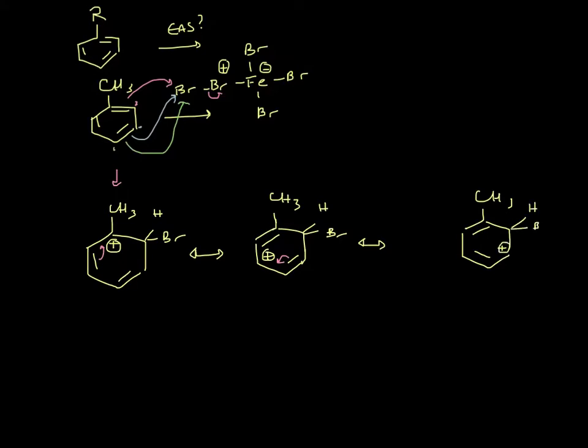And this may look pretty much identical to what we've done already, but notice the location of the carbocation. In this one it's a secondary carbocation. In this one it's a secondary carbocation. But in this one we have a tertiary carbocation, and the reason for that is the location of that CH3.